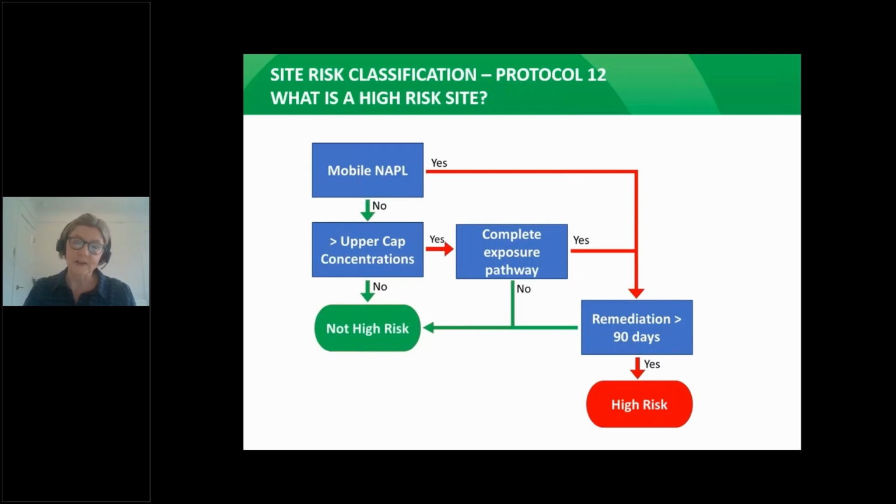Finally, as we heard, a site is officially classified as high risk if remediation of the high risk conditions cannot be completed within 90 days. And if the high risk conditions can't be remediated within the 90 days, the site risk classification is considered pending. Next slide, please.